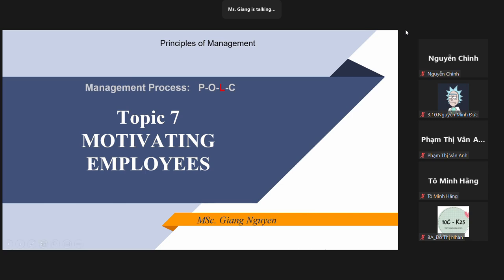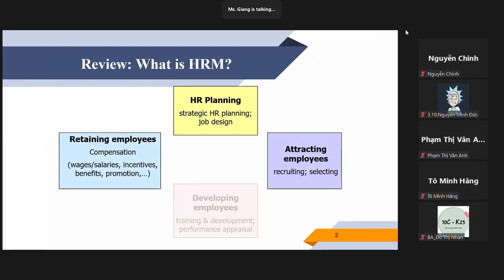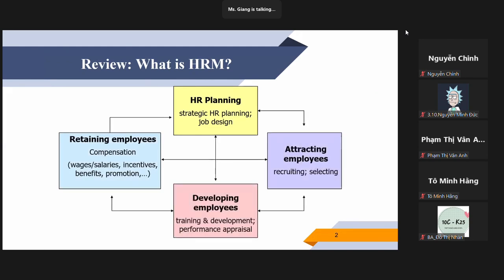Okay. In the previous lecture, we have learned about human resource management, and in human resource management, we have 4 main activities: planning, attracting, developing, and retaining. In planning, the manager needs to have the strategic HR planning and job design.